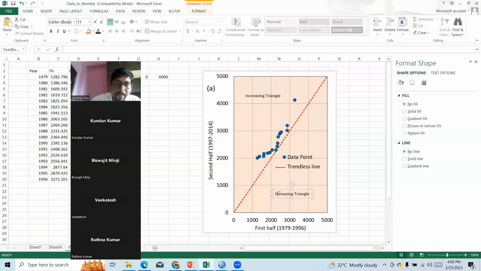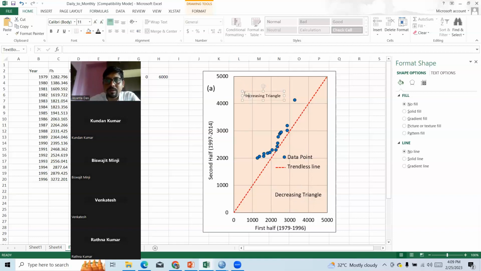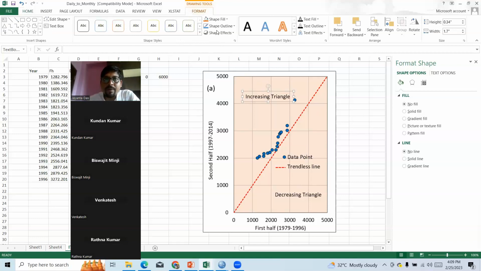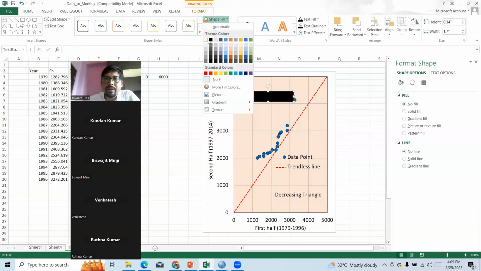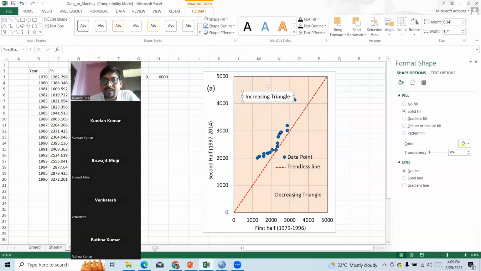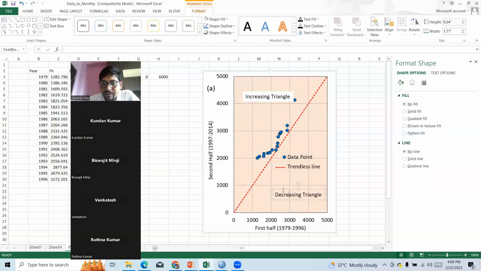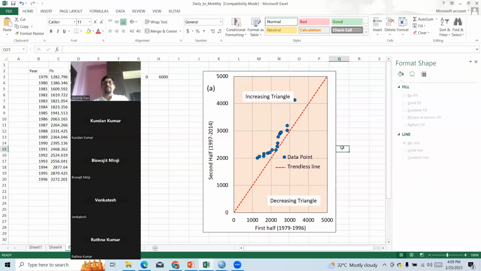Decreasing. Yeah. You can format this label shape fill, like if you want to use this white color for better visibility. Format background white.